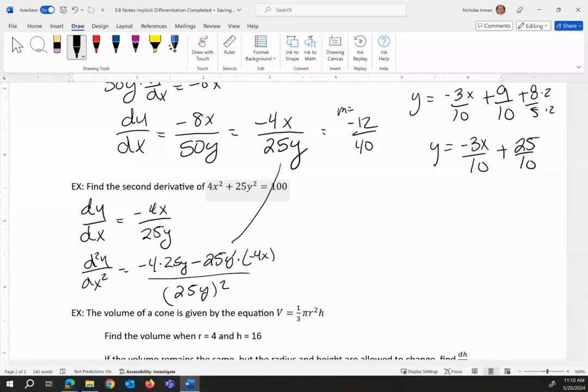Y prime we know is this thing, and we can reduce a lot. -4 times 25, -100y. -25 times 4x would be positive 100x. Y prime is that wonderful thing over 25y squared. So 25 squared is what? 625y squared. Our x's can combine, our y's and our 25s can reduce, and you can get it to that one big fraction.